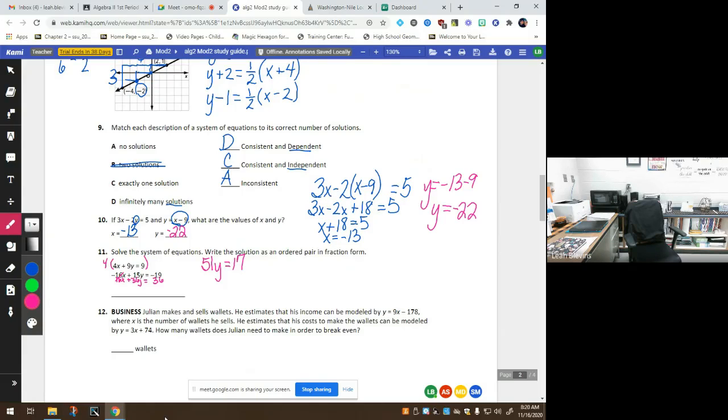Okay. So what am I going to do to get y by itself? And 17 divided by 51 is 1/3. Well, looks like it should be right since it says write the ordered pair in fraction form. So we can always go back at the end and check it.